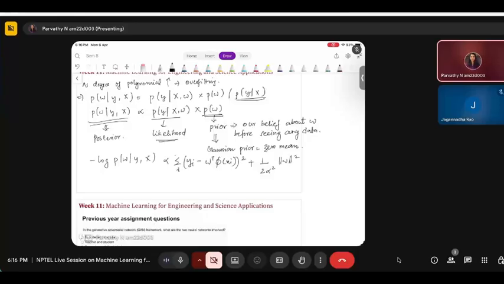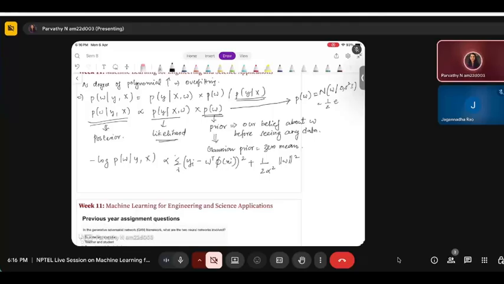So when we take this as a Gaussian prior, we find that P of W will be a normal distribution with W given 0, sigma square I.